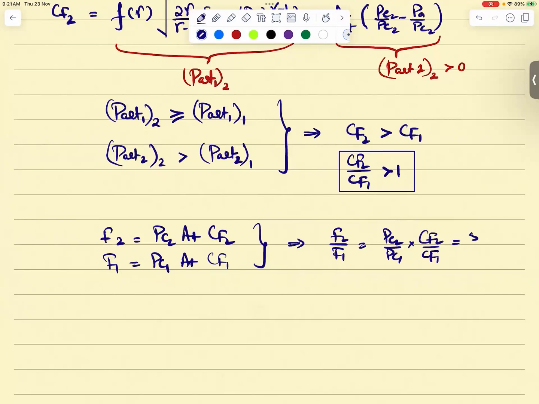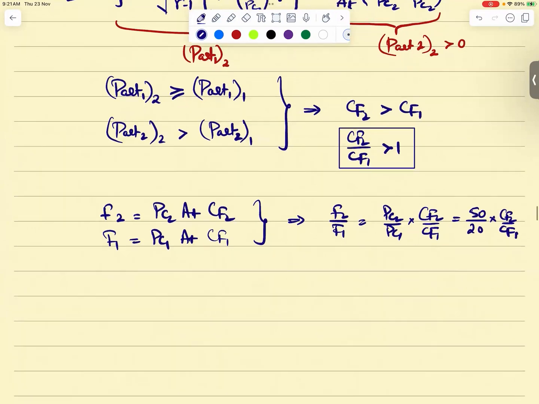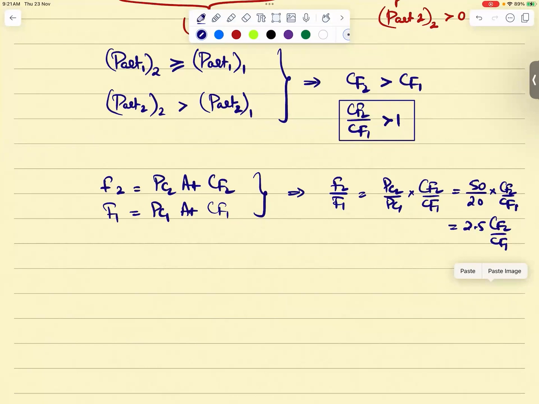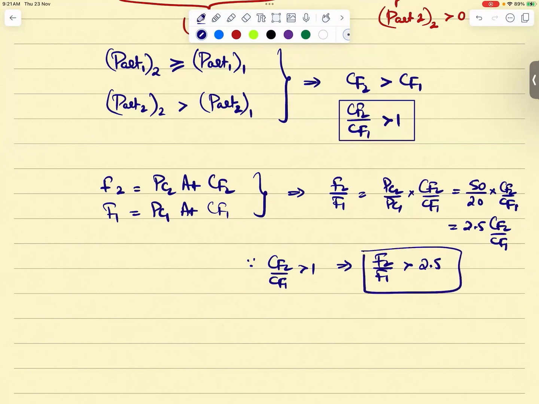PC2 is 50 and PC1 is 20, into CF2 by CF1, so this will become 2.5 times CF2 by CF1. Since CF2 by CF1 is greater than 1, it would imply F2 by F1 will be greater than 2.5. Hope this is clear to everybody.